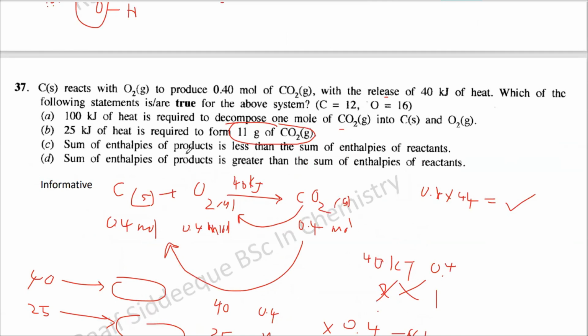C, the sum of enthalpies of the product, which is CO2, let's say, is less than the sum of the enthalpies of the reactants. D, the sum of the enthalpies of the product is greater than the sum of the enthalpies of the reactants. So what do you say about these two?